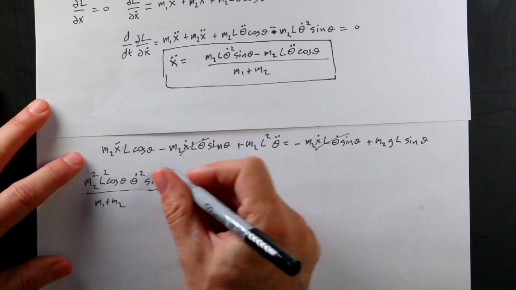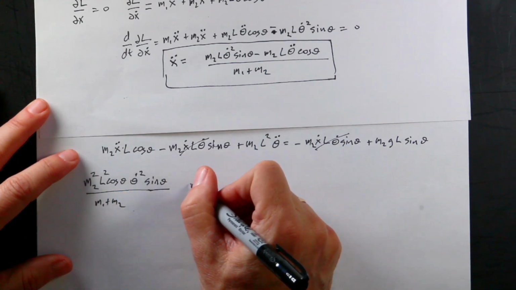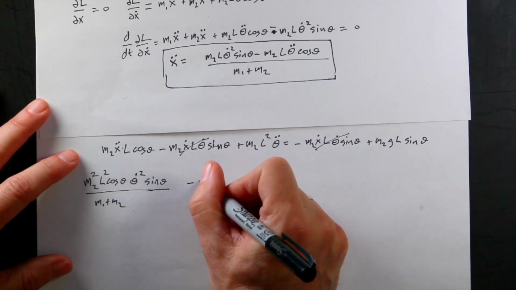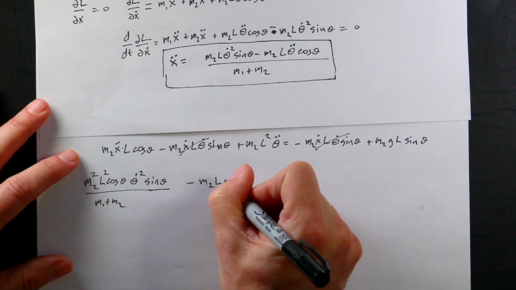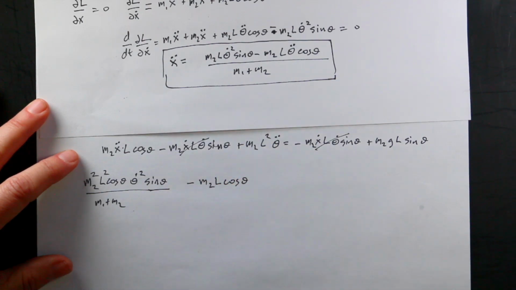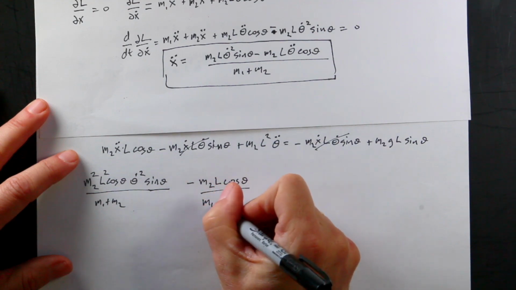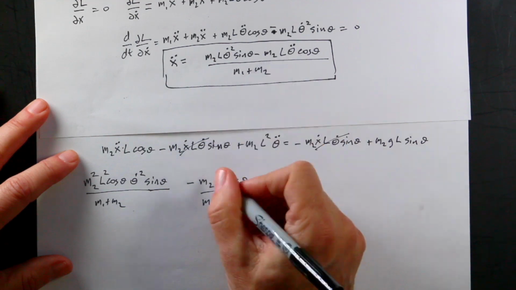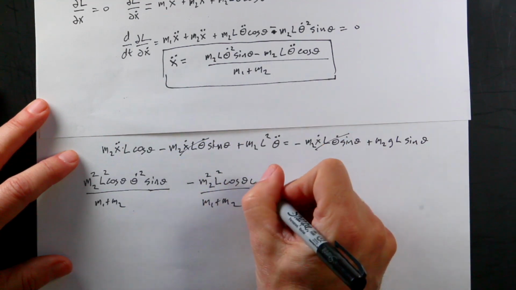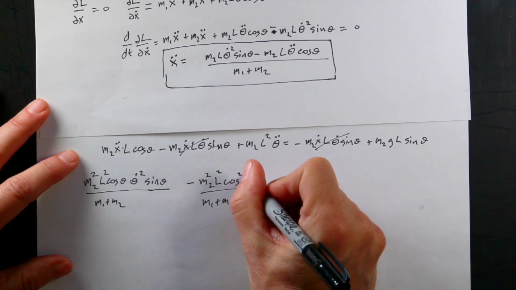Now I get the second term. I'm going to put the minus up front. So minus m2 L cosine theta, all of that over m1 plus m2. And then I've already got the minus. I get m2 squared, L squared, theta double dot, cosine squared theta.